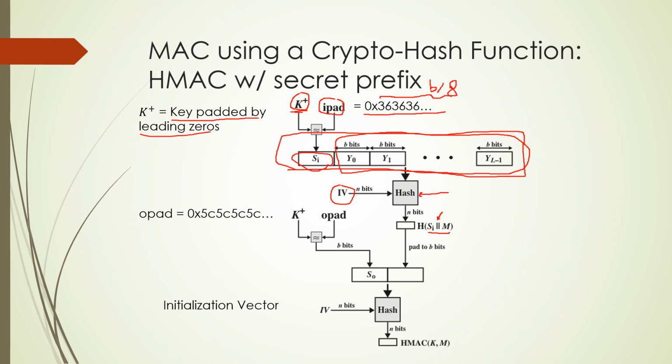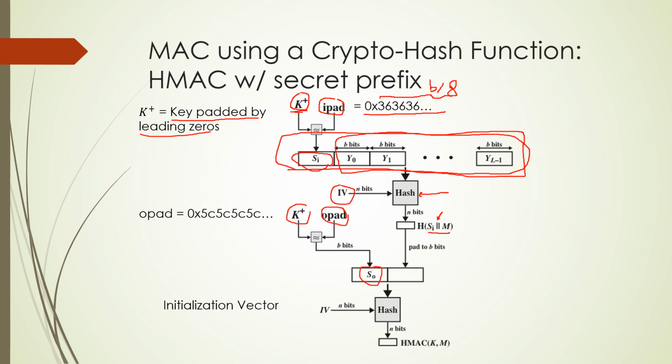And then that message digest will be concatenated with the exclusive OR of the key and OPAD, which is a constant. And the exclusive OR of K plus and OPAD is called So.